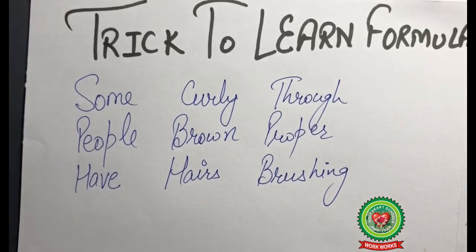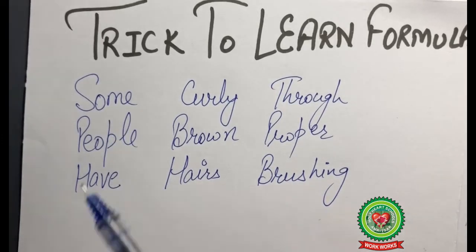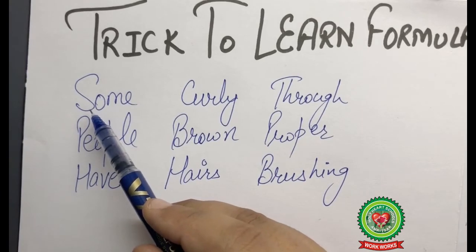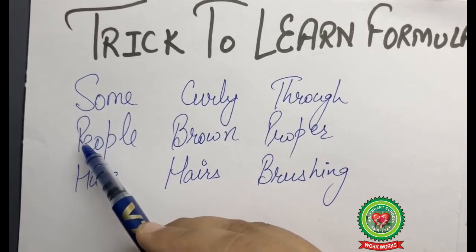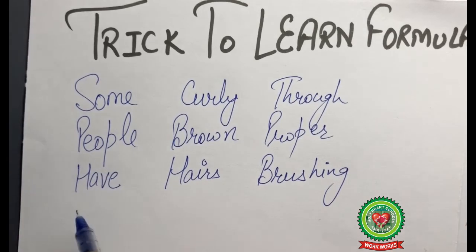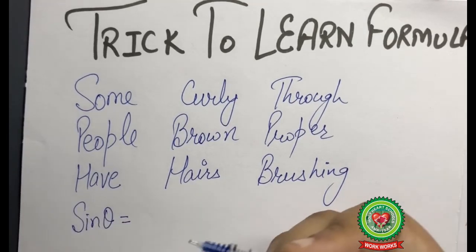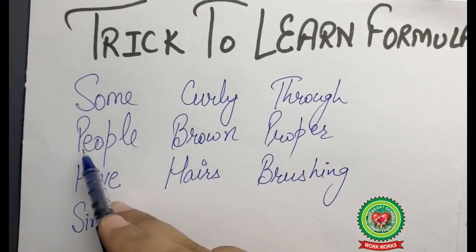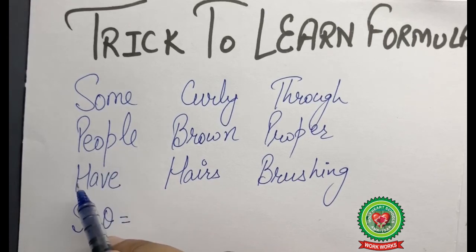Now, how are we going to remember the formulas from this line? We are going to remember this line and we are just going to use the first alphabet of these words. For example, some people have. So what are the first alphabets of these 3 words? That is S, P and H. So S here means sine theta, which will be equal to, now from here we see it's P of people and H of have.